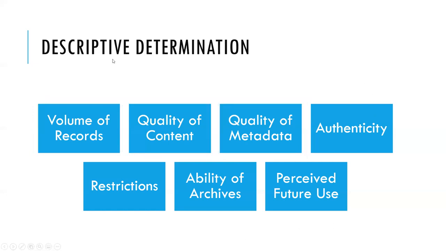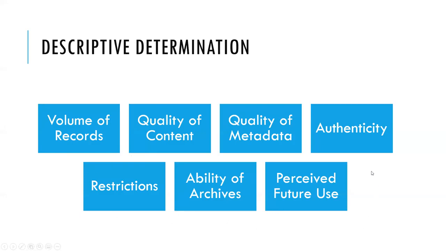These different factors are going to be present to varying degrees at varying times. So it may not always be the case that the volume of records influences the level of description. It may not always be the case that restrictions are in place.